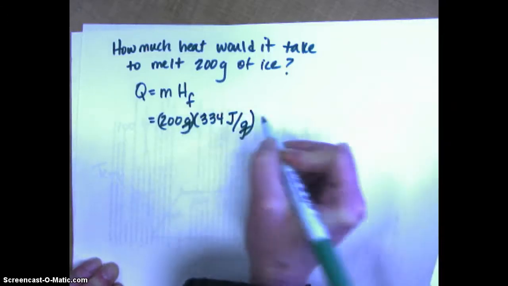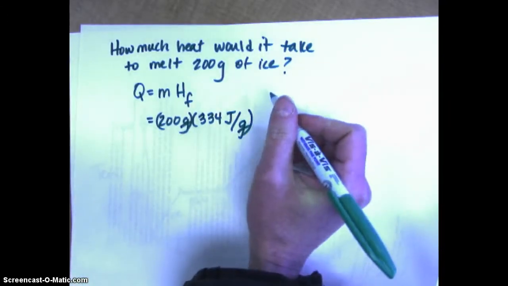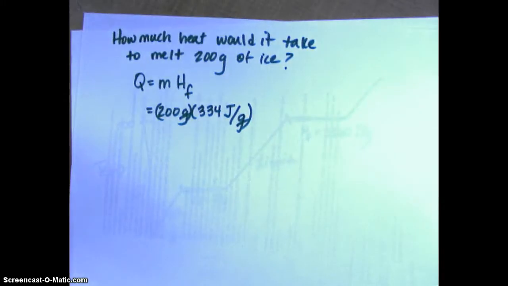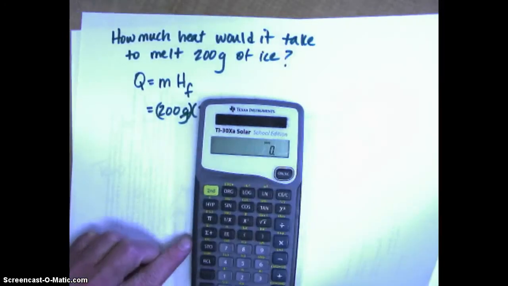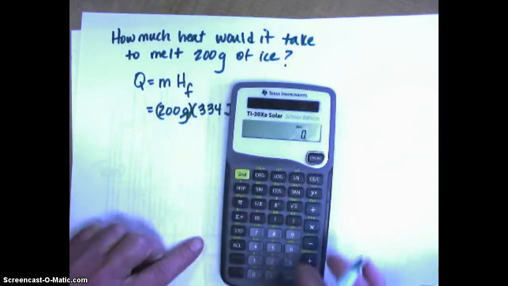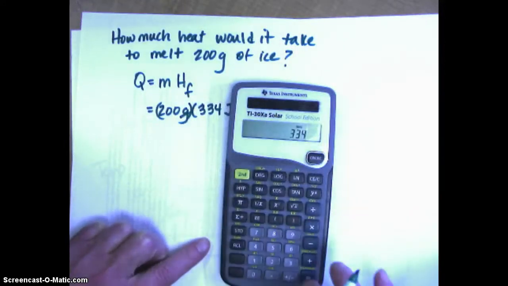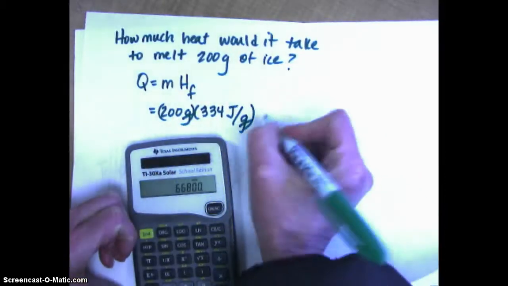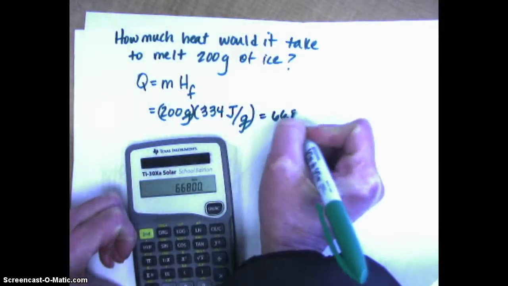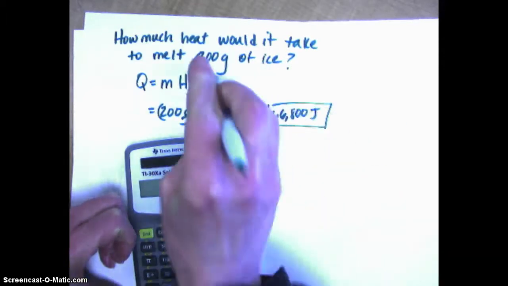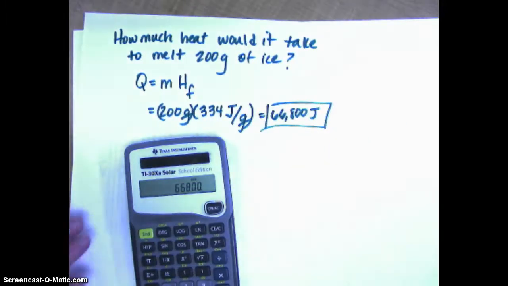Gram is on top and bottom, so it cancels. When we do the math, I would just do 200 times 334, which equals 66,800 joules of energy that it takes to melt 200 grams of ice.